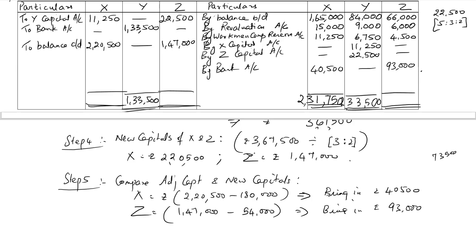Credit side total for partner X is 2,31,750. The debit side total is also 2,31,750 rupees. In the case of partner Z, the credit side total was 1,69,500 rupees.